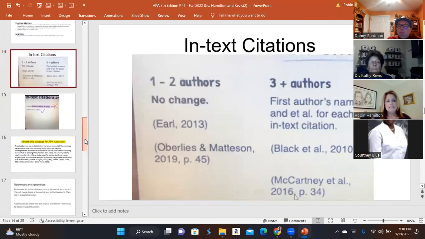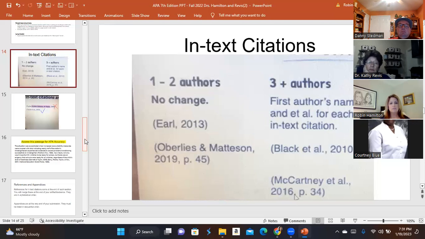So when you have in-text citations, these are the citations in the middle of the text that you are writing, in the middle of your narrative. If you have 1 to 2 authors, there's no change from APA 6th to 7th. This is a parenthetical citation because Earl, 2013 is all inside the parentheses.